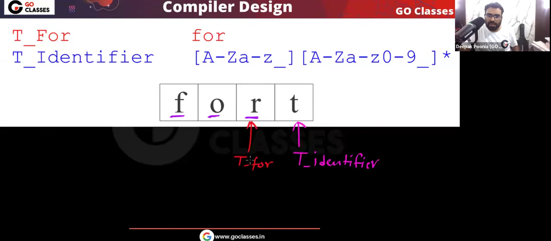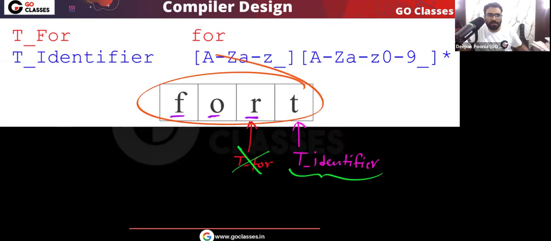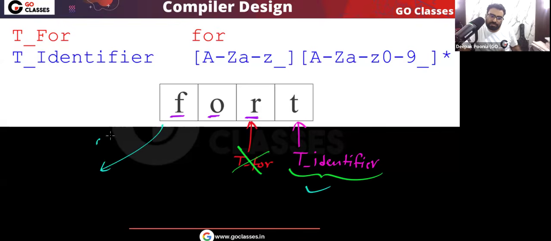So we will discard this. We will not generate a for token. We will generate the identifier token, and this entire thing will be the lexeme. For this character stream, the output will be the identifier token, only one token will be generated.